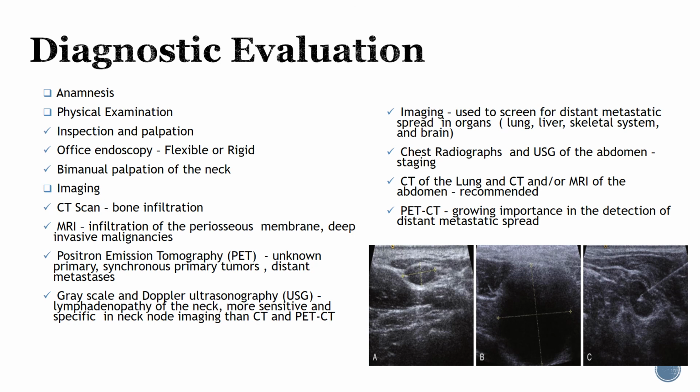Positron emission tomography with CT can help in the search for an unknown primary, synchronous primary tumors, and distant metastases. Grayscale and Doppler ultrasonography of the neck have proven to be valuable methods for evaluating lymphadenopathy of the neck. Ultrasound has been shown to be more sensitive and specific in neck node imaging than CT and PET-CT.